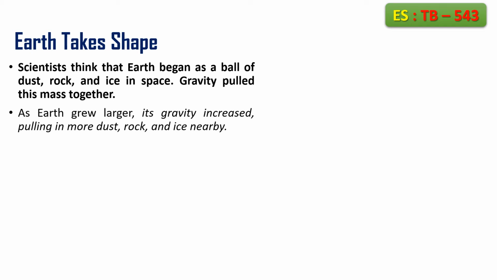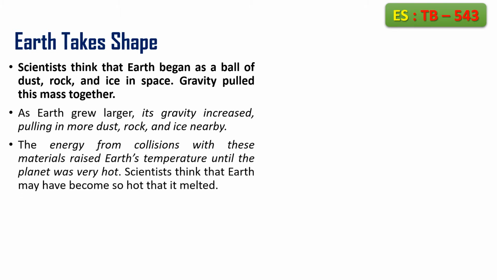As Earth grew larger, its gravity increased, pulling in more dust, rock and ice nearby. The energy from collisions with these materials raised Earth's temperature until the planet was very hot.